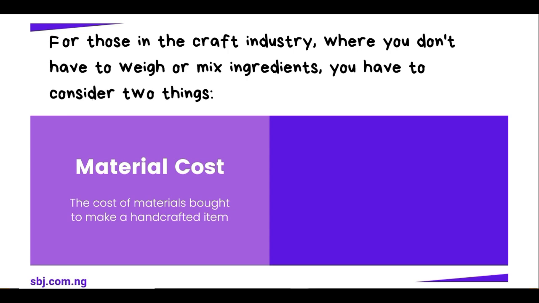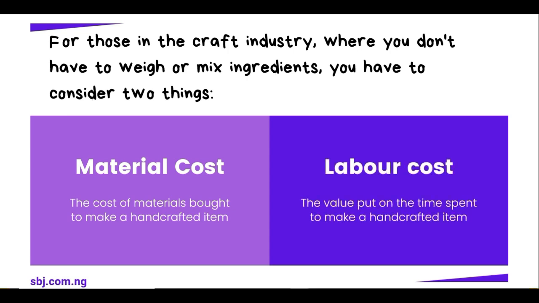But just as your material cost is important, your labor cost is very important. In fact, it should be treated with utmost importance, because you have to calculate your cost in such a way that values your skill and your time. And sometimes even your material cost is something very little, but your labor cost is what carries the weight here, if you're in the craft industry.